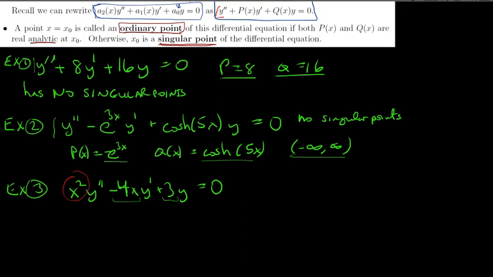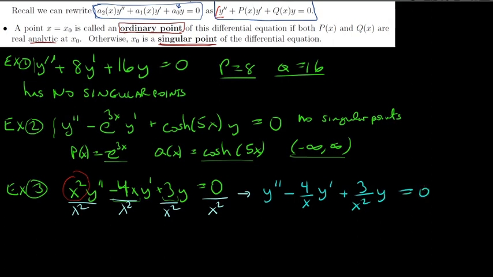So to put it in normal form, we have to divide both sides by x squared. And so in normal form, this is going to be y double prime minus 4 over x y prime plus 3 over x squared times y equals 0. Now, the negative 4 over x, that's my p of x.